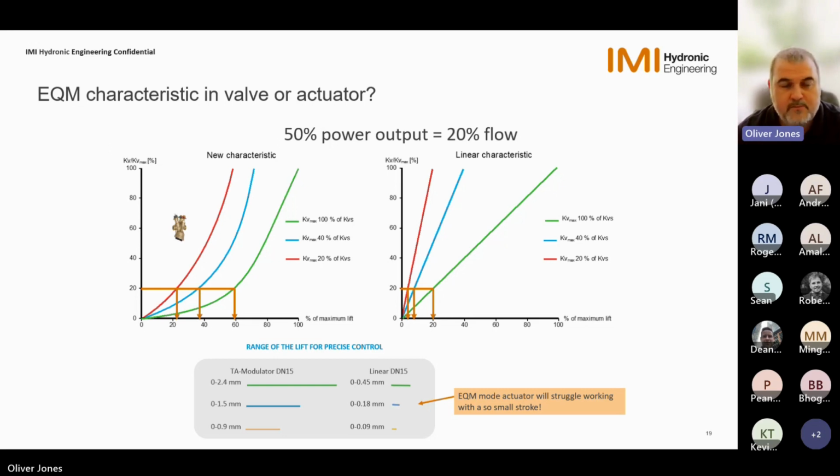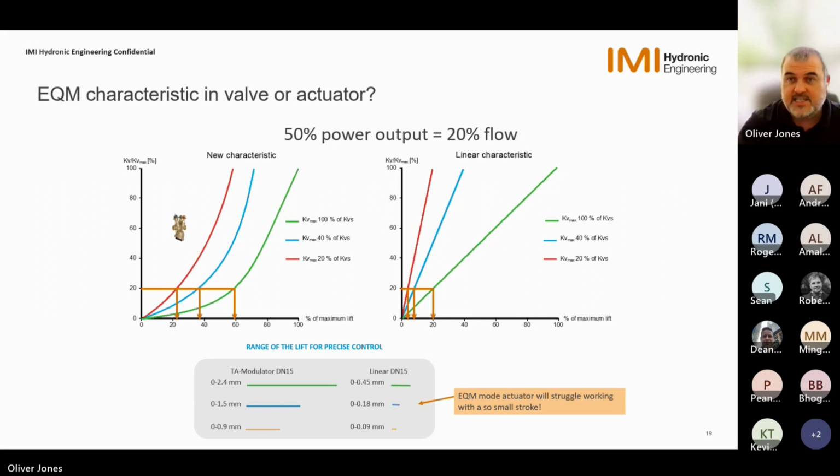If we look at the EQM valves, at 20% flow on our characteristic, we are just below 60% of the maximum lift. So we still have 58, 59% of the lift available, which, as you can see below, interprets to 0 to 2.4 millimeters of stroke. Now, on a smaller valve, a 15 millimeter valve, we will tend to have 4 millimeters of stroke available.